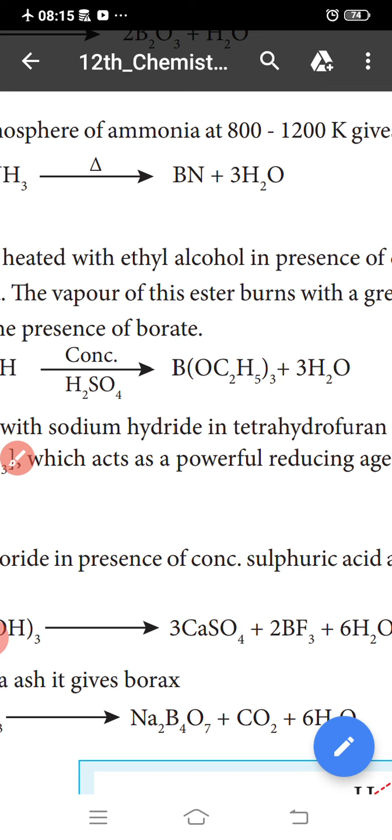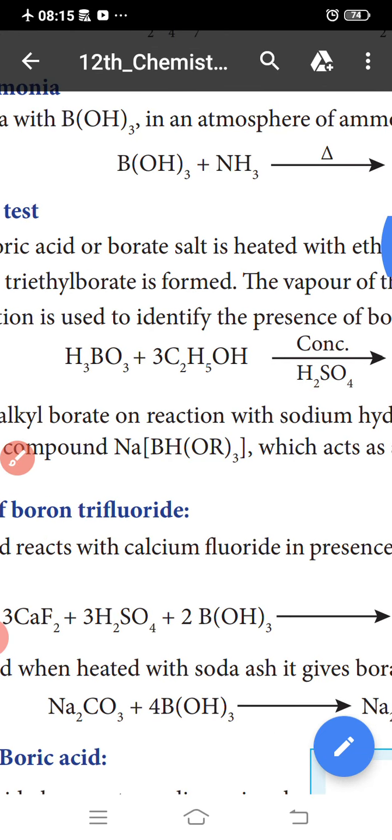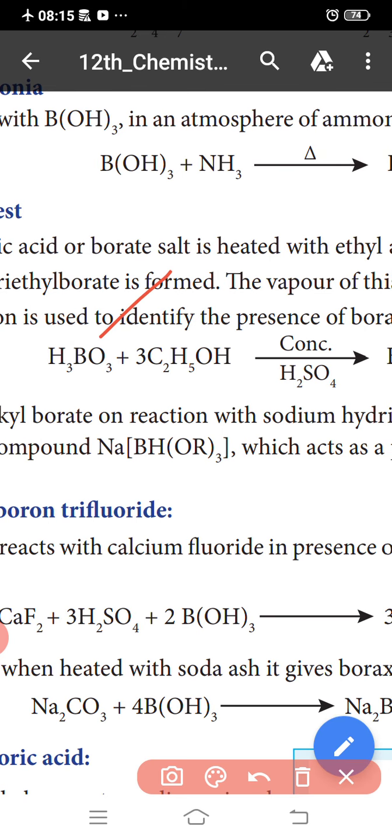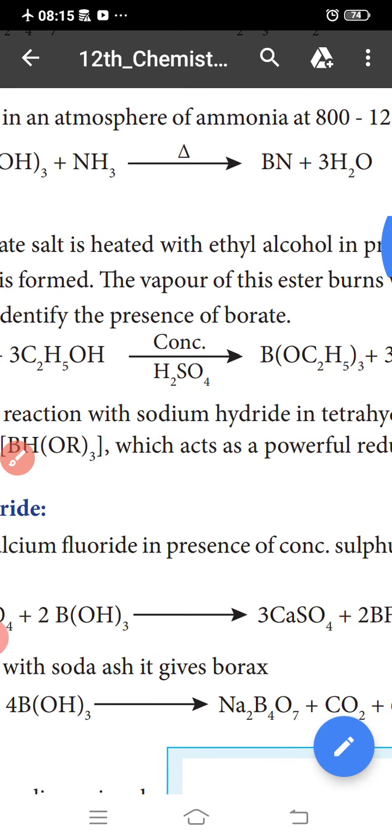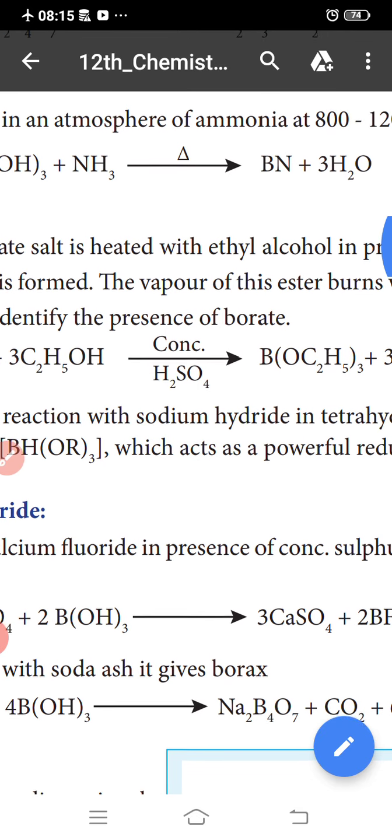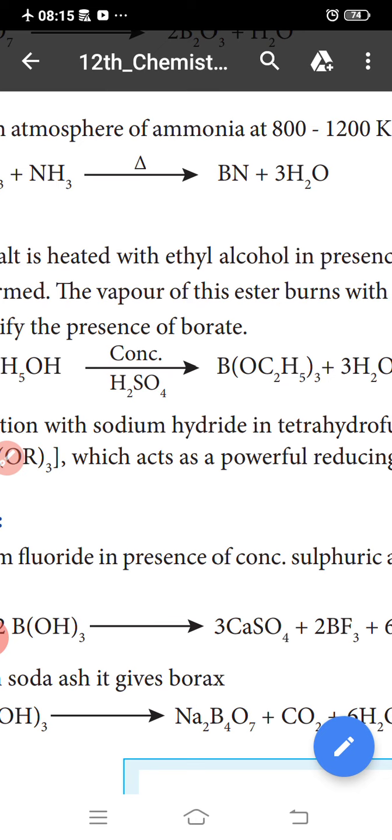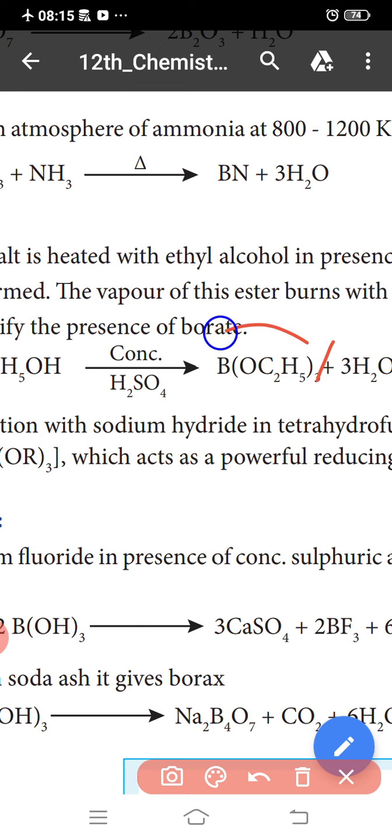So boric acid reacts with ethyl alcohol, adding concentrated sulfuric acid. The product is triethyl borate. This is the ethyl borate test.